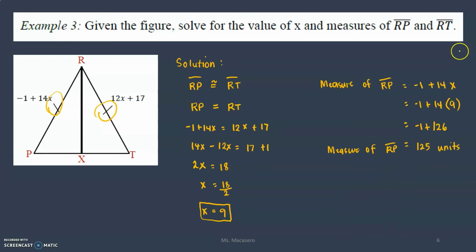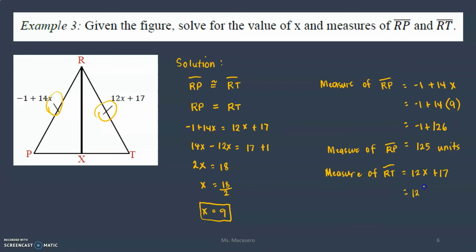Now let's have segment RT. The measure of segment RT is equal to 12x plus 17.